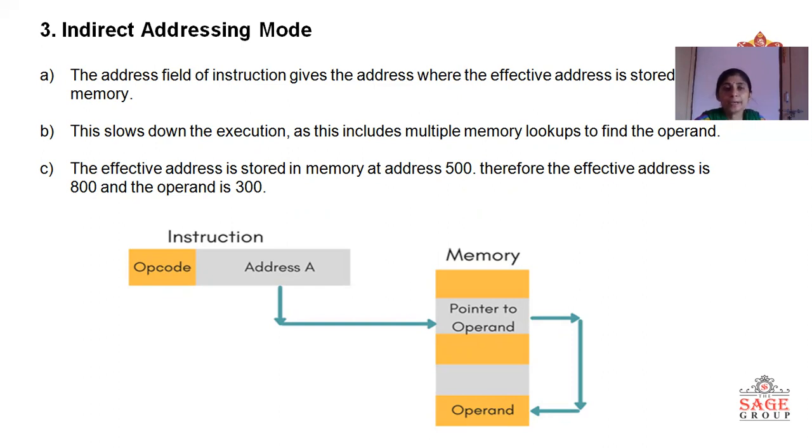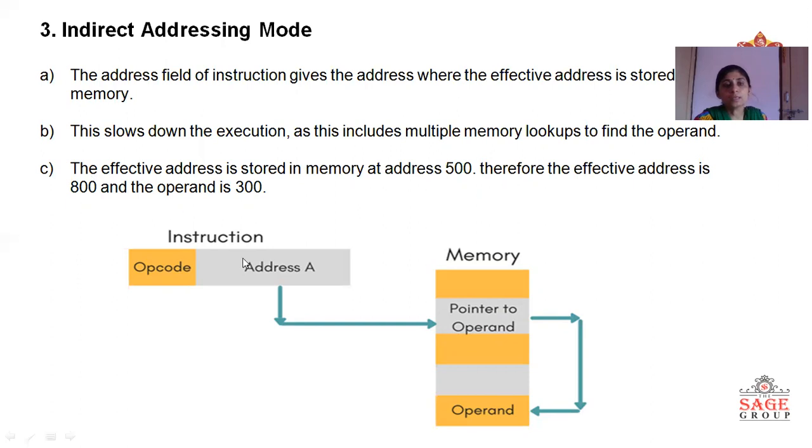The main disadvantage of indirect addressing mode is that it slows down the execution, as it includes multiple memory lookups to find the operand. First only the address of the effective address is given, and we have to go to that memory location and then retrieve the particular operand.